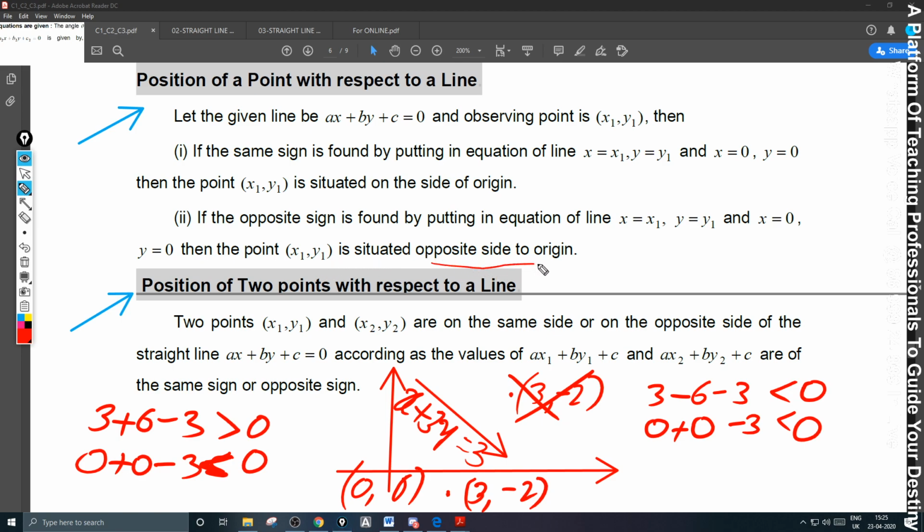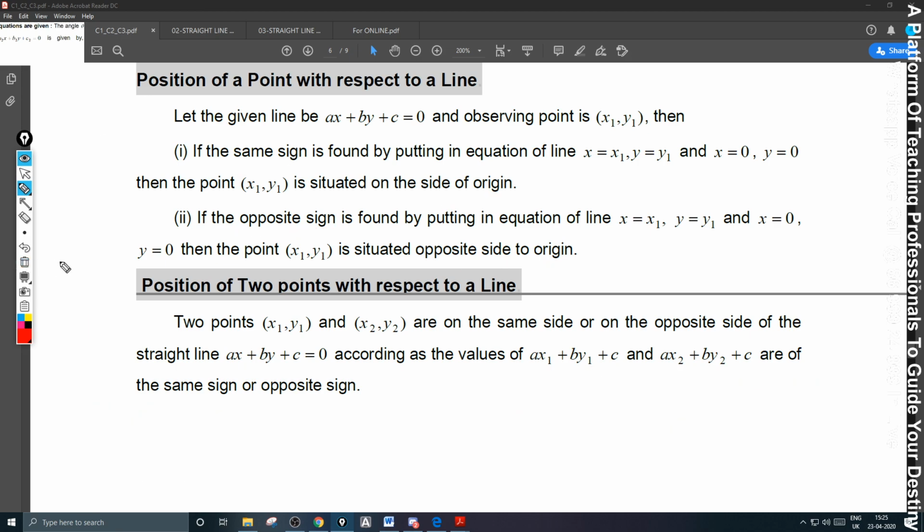Opposite sign, opposite side; same sign, same side. You have a good number of previous questions on this.